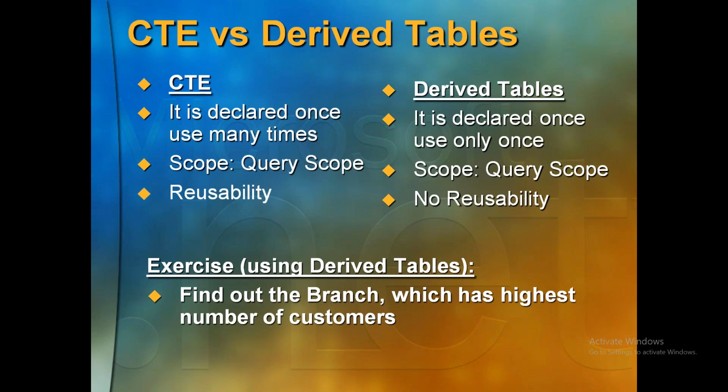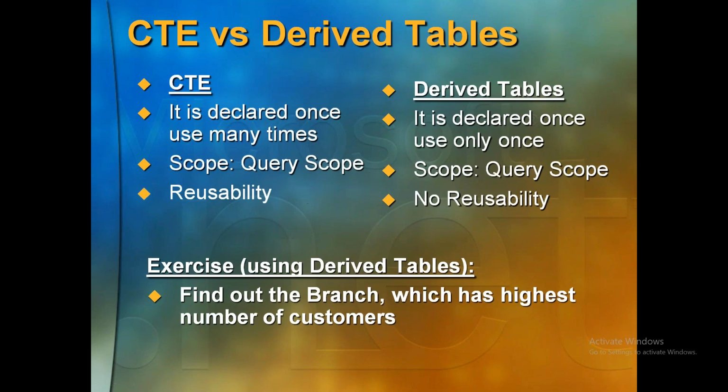They also compare with temporary tables and everything. Am I clear? Try to do this in multiple ways, using derived tables and subqueries. You can also use derived tables as well as ranking functions, but try to implement derived tables and subqueries. Find out the branch which has the highest number of customers. Clear?